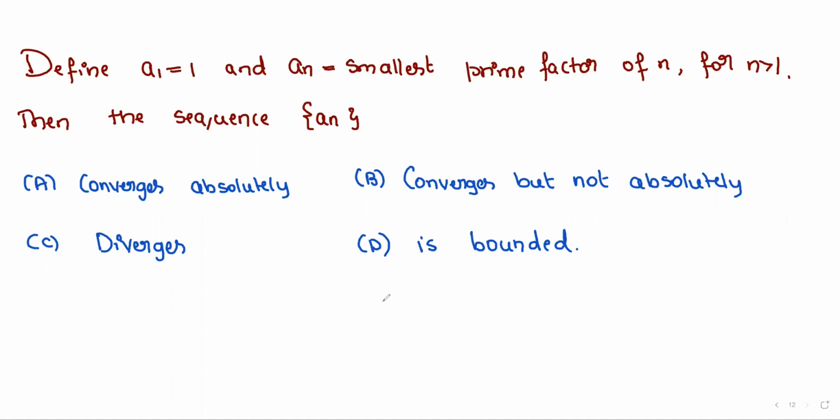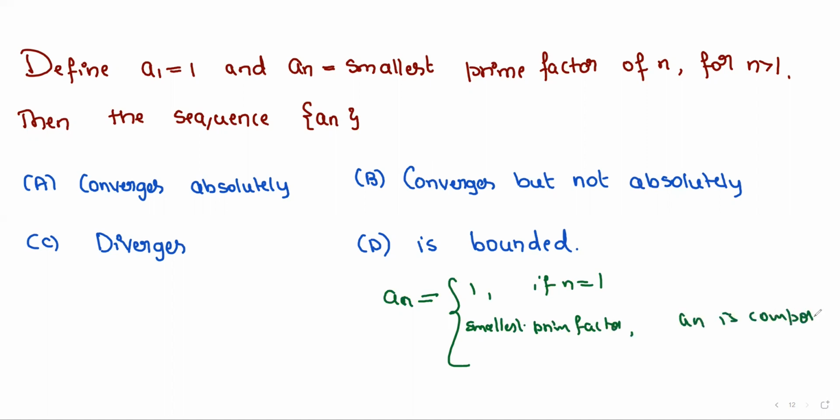Note that the sequence an is defined as an is 1 if n equal to 1, and it is the smallest prime factor if n is composite, and n if n is prime.